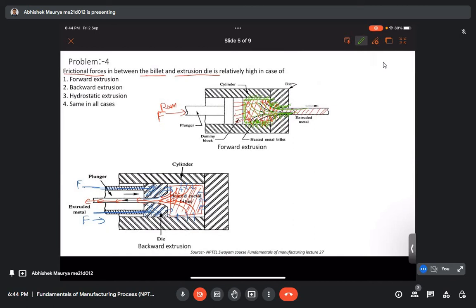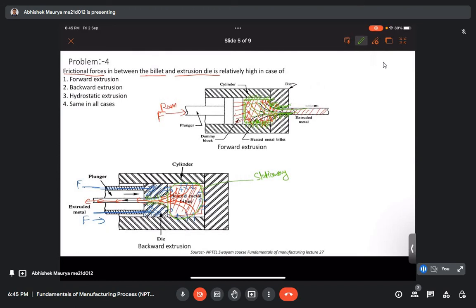If you see, the billet is stationary. Billet is stationary in this container region. Only movement of material is taking place between these regions.